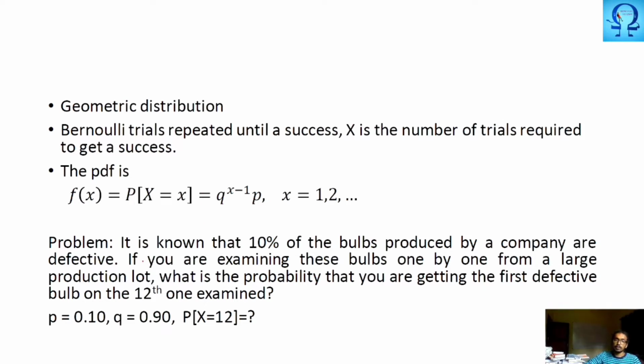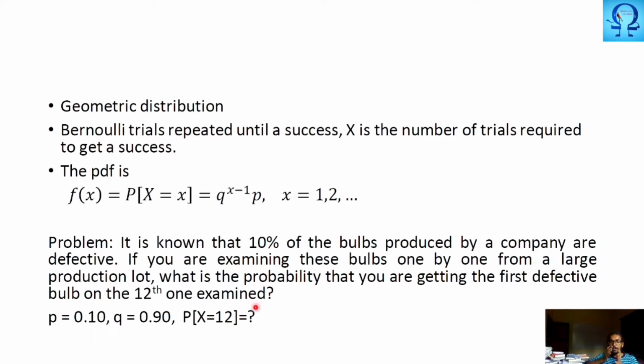Coming to the problem, it is said that 10 percent of the bulbs produced by a company are defective. So it is understood that the probability is 0.1. If you are examining these bulbs one by one from a large production lot, what is the probability that you get the first defective bulb on the 12th one examined?